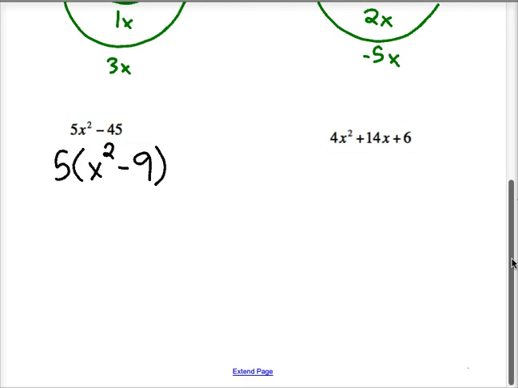Now, I want you to notice what just happened here. Let's look at what's left. I have 2 terms, a negative, and this term right here is one of those special numbers. It's a perfect square. So I hope you can see this is actually a setup for the difference of squares.